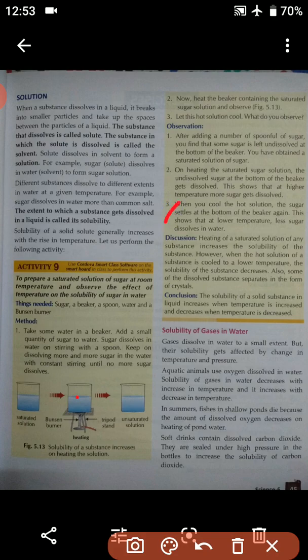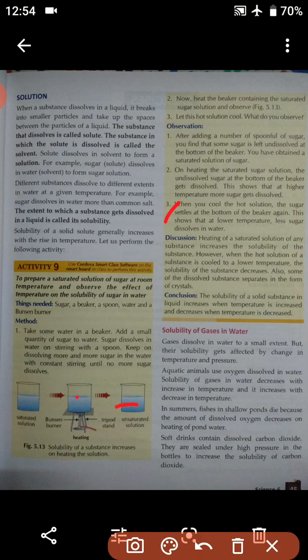Number 3, we find that when you cool the hot solution, the sugar settles at the bottom of the beaker again. So in the third beaker you see, after keeping it for cooling, the sugar settles down again at the bottom of the beaker.